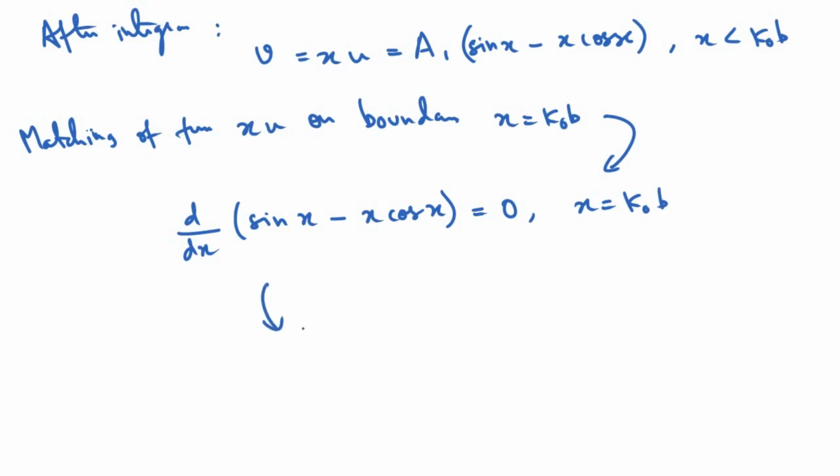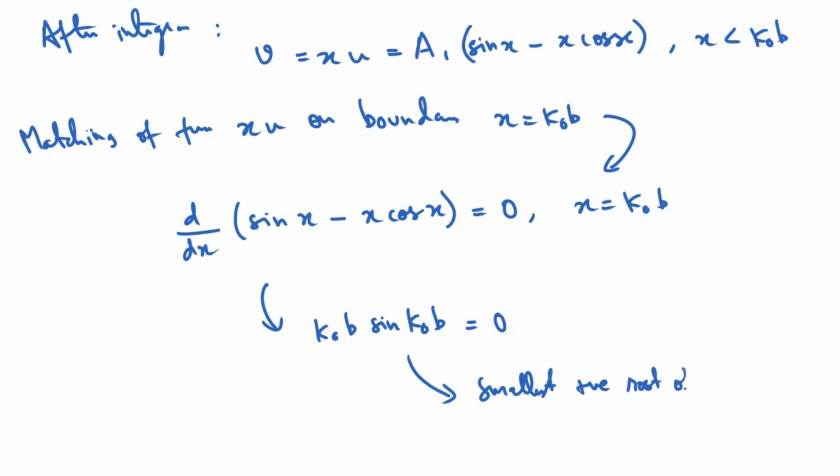So from here we will get k0b sin k0b equal to 0, and the smallest positive root of this equation is k0b equal to pi.